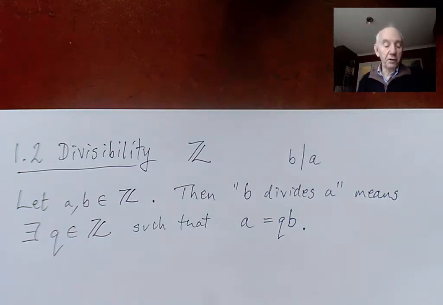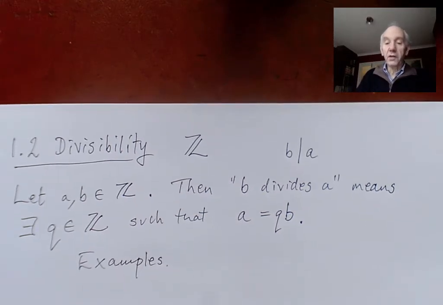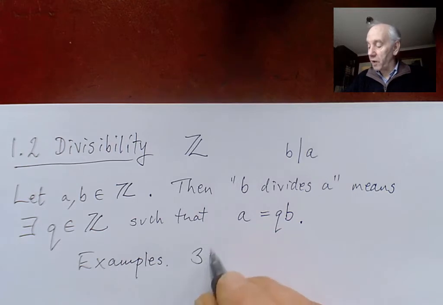So you can now check with examples. Let me give you some examples. I just took a number at random actually. There's a well-known test for divisibility by 3, for example. So let's start with that. 3 obviously divides itself.